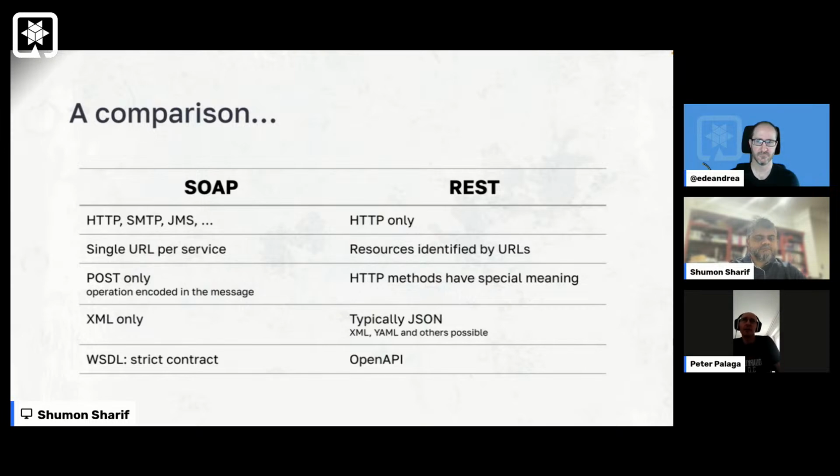Then the definition of the contract. We were discussing this with Shumon yesterday, how to speak about this actually, because WSDL is deeply coined in the DNA of SOAP web services.